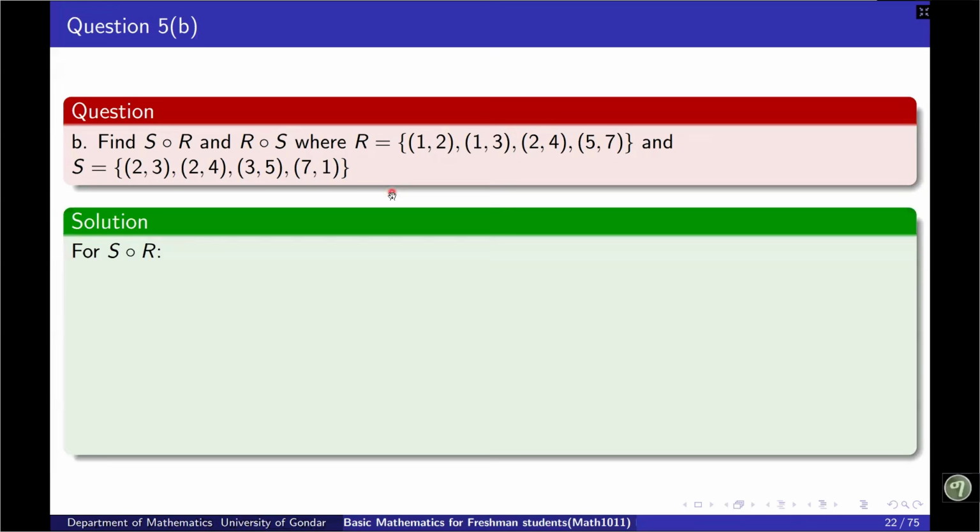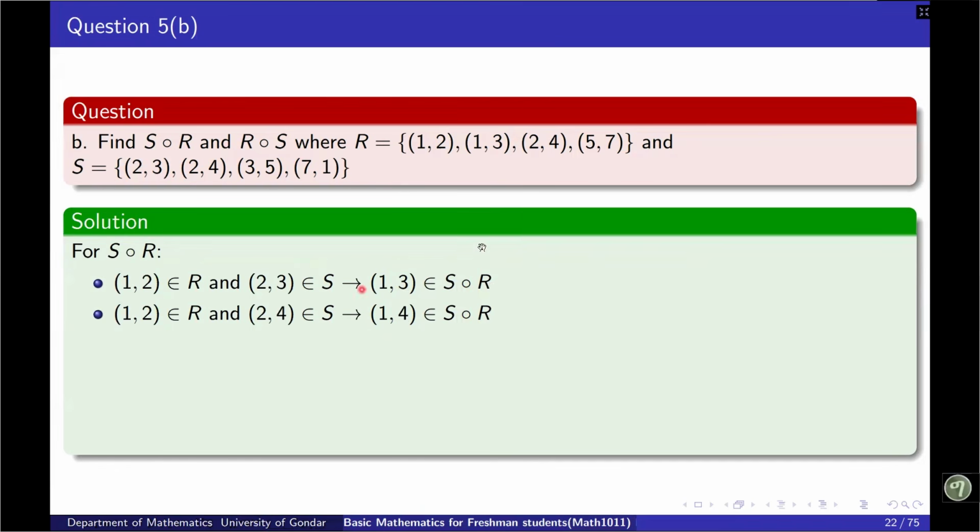Let us see the first one, the composition S composite of R. We should start from R here. (1, 2) is an element of R, and (2, 3) is also an element of S, so the image of 1 under S composite of R could be 3. So (1, 3) must be an element of S composite of R.